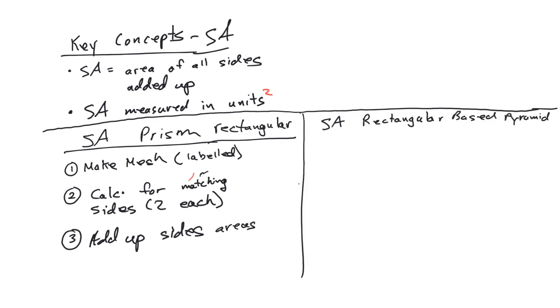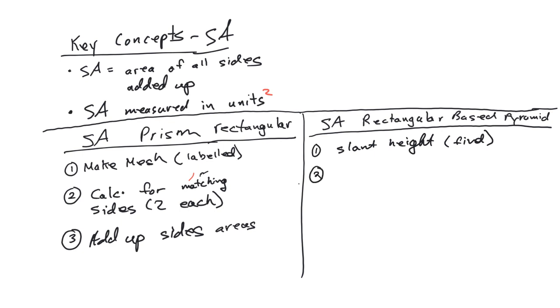And so for the surface area of a rectangular based pyramid, we do exactly what we did before. But the first thing that we have to do is calculate, one, the slant heights. So find them. Okay, you can always refer to our video for this one. And then two, the next part, you have to make a mesh. And you want to label them.